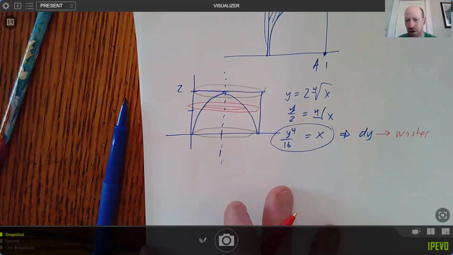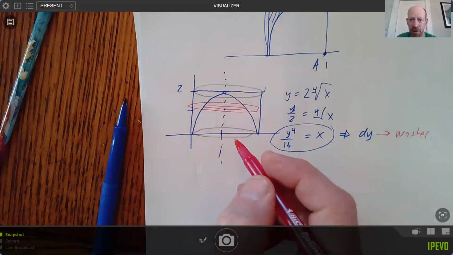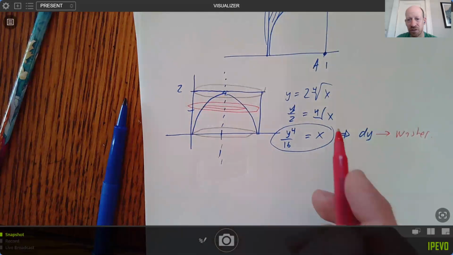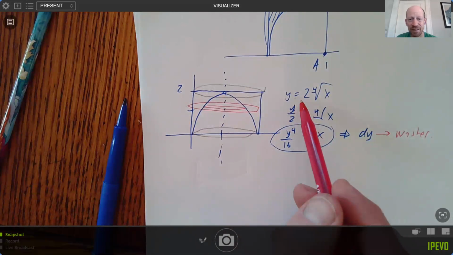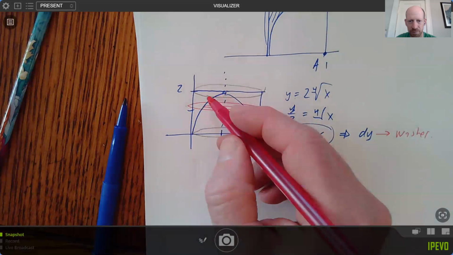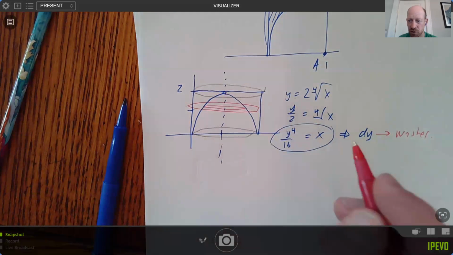So to do a washer, I have to slice perpendicular to this axis, which creates dy, and then I need to rearrange this function. That would be another way to end up at this result. If you decide you wanted to keep it as dx, that's fine, but that would create shells with dx. So you still get the same answer.